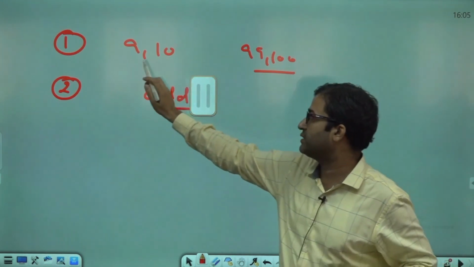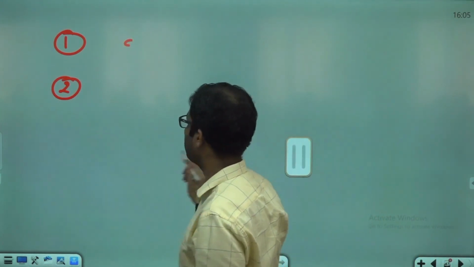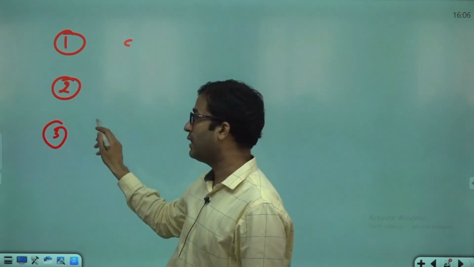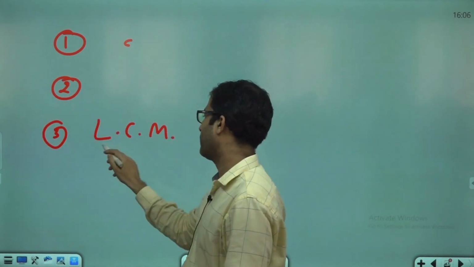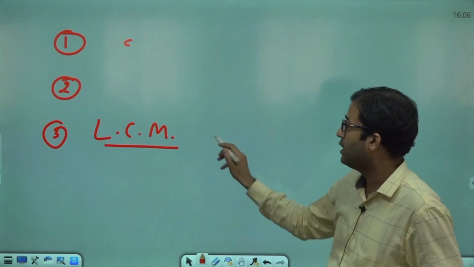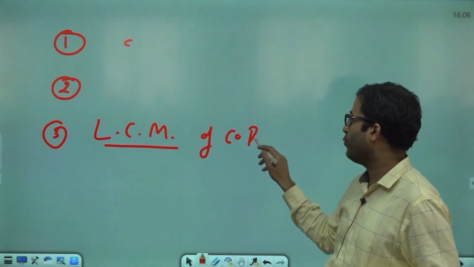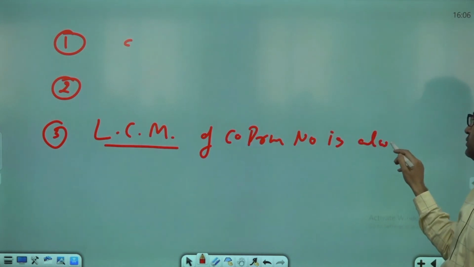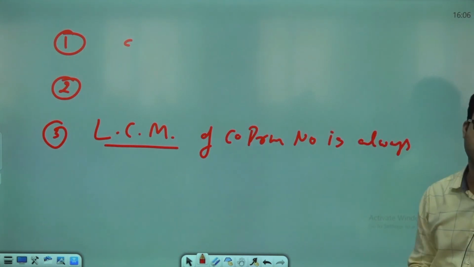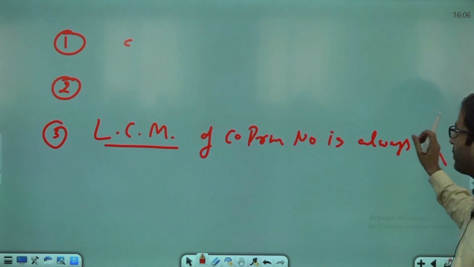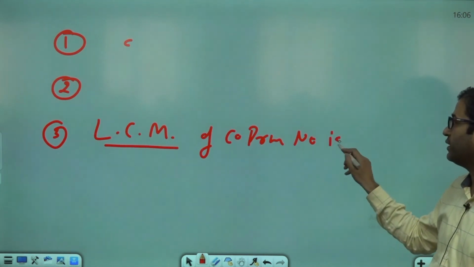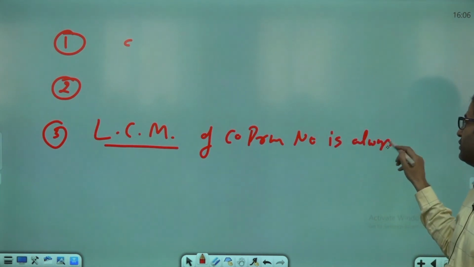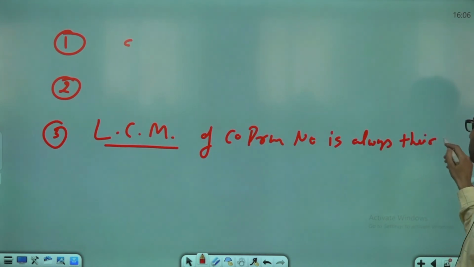Although I have not taken HCF and LCM yet, I give you the property here, you write. LCM, least common multiple. LCM of co-prime numbers is always their product.